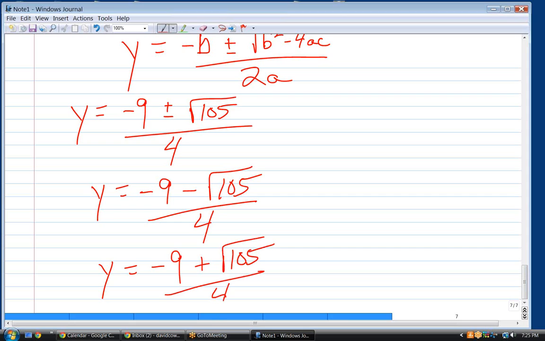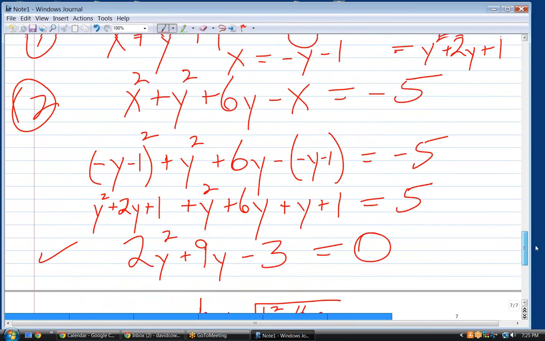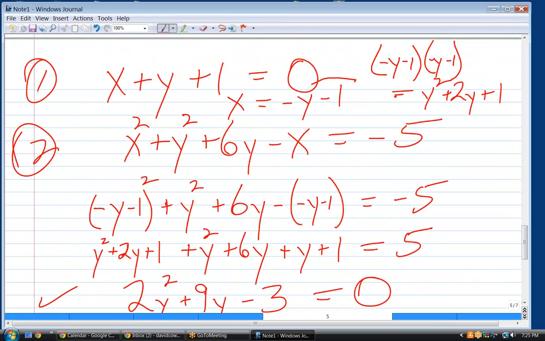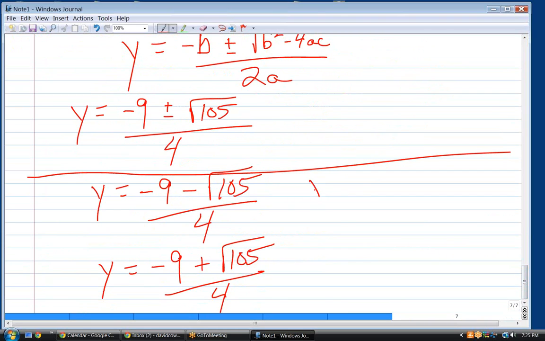Okay. Now we need an x value for each of these y values. So, go up to where x is defined. x is equal to minus y minus 1. So, x is equal to minus y minus 1.